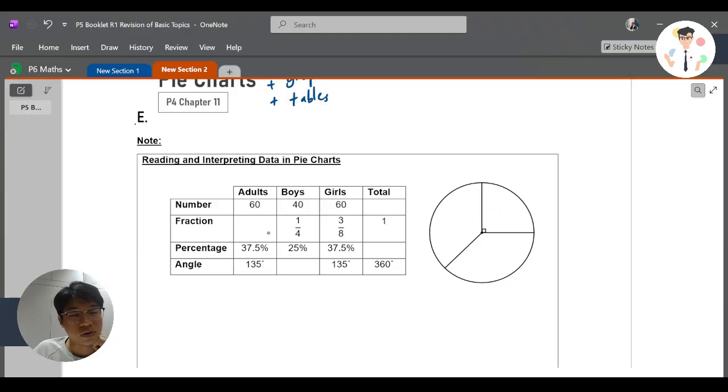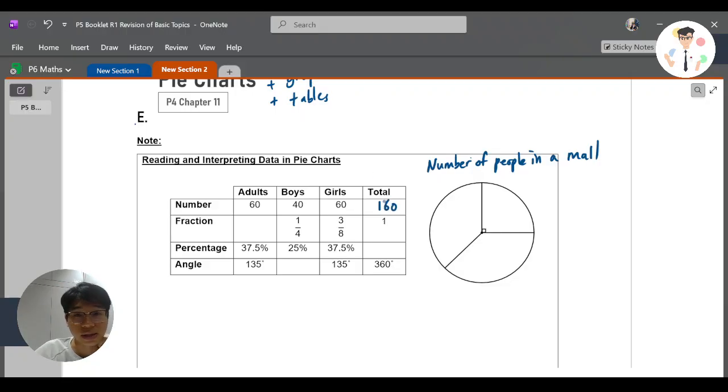Okay, so let's look at the first one first. Number. Example, if you're talking about the number of people in a mall: adults I have 60, boys have 40, girls have 60. So what is my total? My total will be 160.